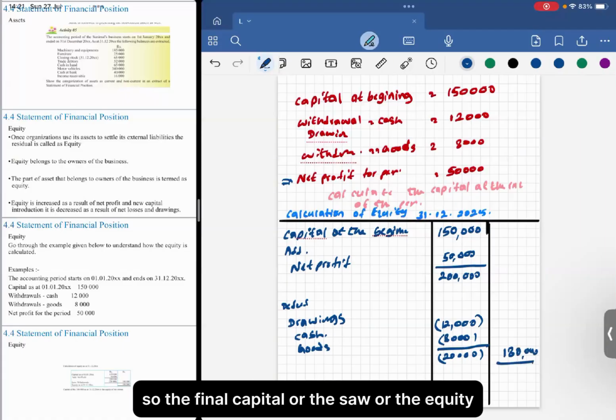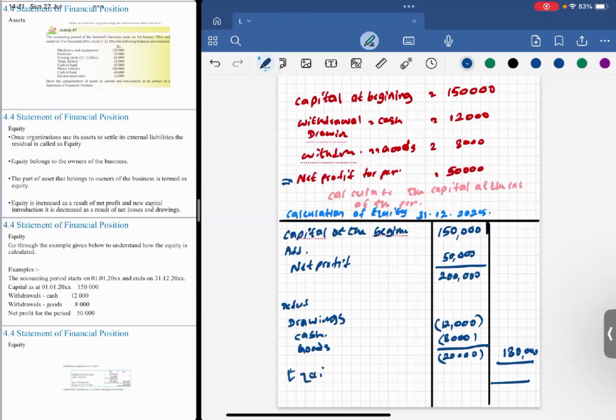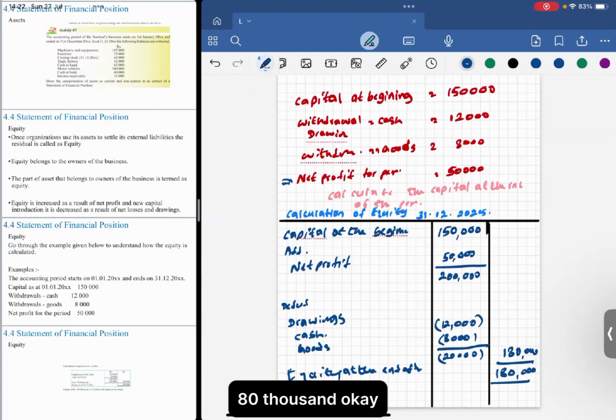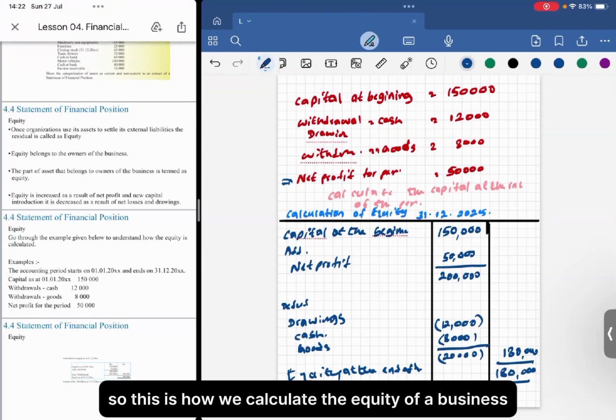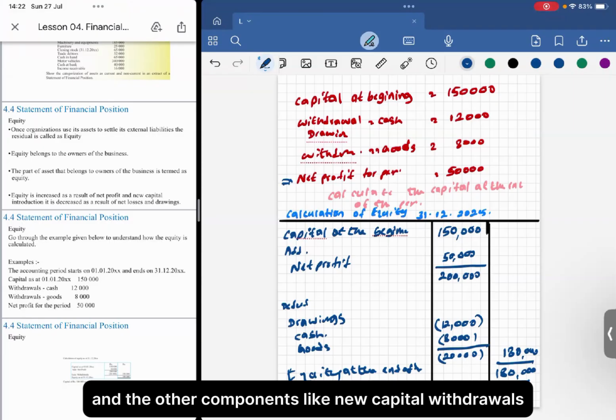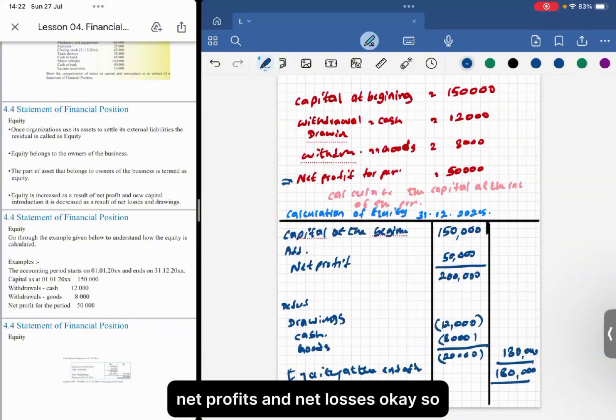So the final capital, or the equity, at the end of the period is 1,80,000. This is how we calculate the equity of a business when we are given the capital at the beginning and the other components like new capital, withdrawals, net profits, and net losses.